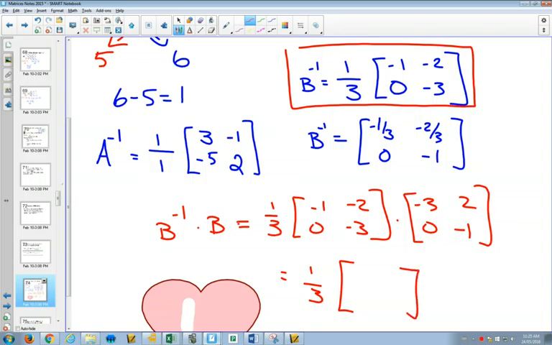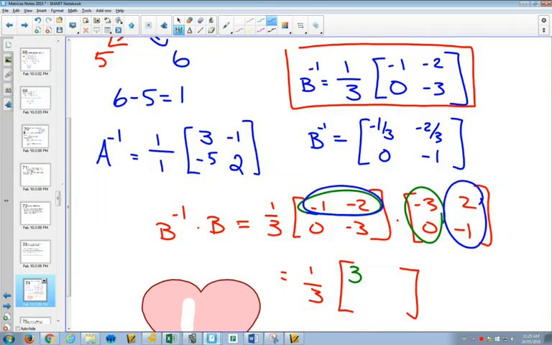Well, I'm going to take this first row and multiply it by the first column and then add. So I'm going to get 3 there. Then I'm going to multiply first row and second column. This is going to give me -2 plus 2, which is 0.